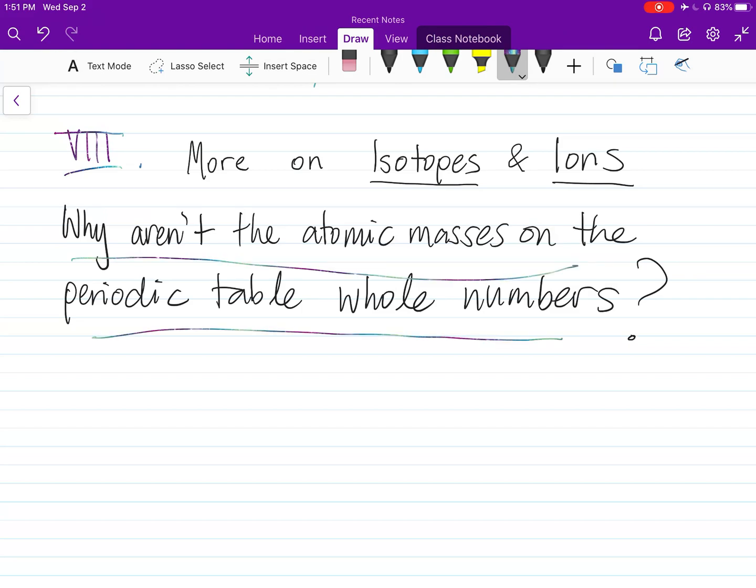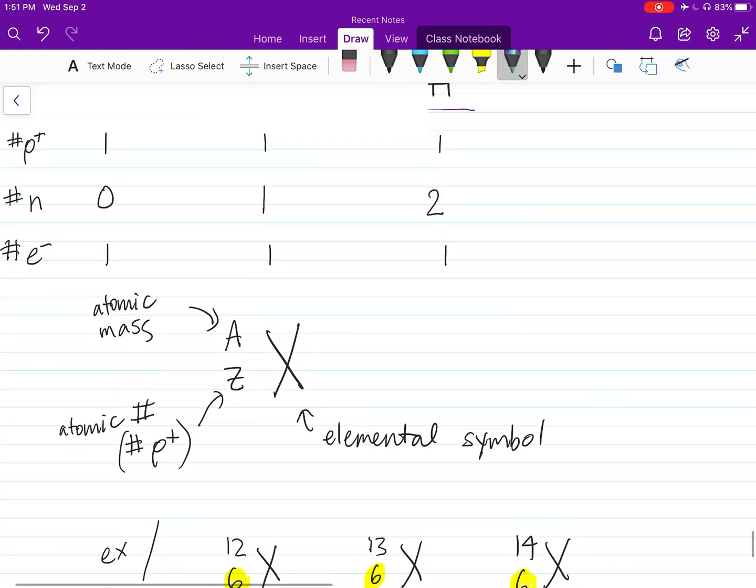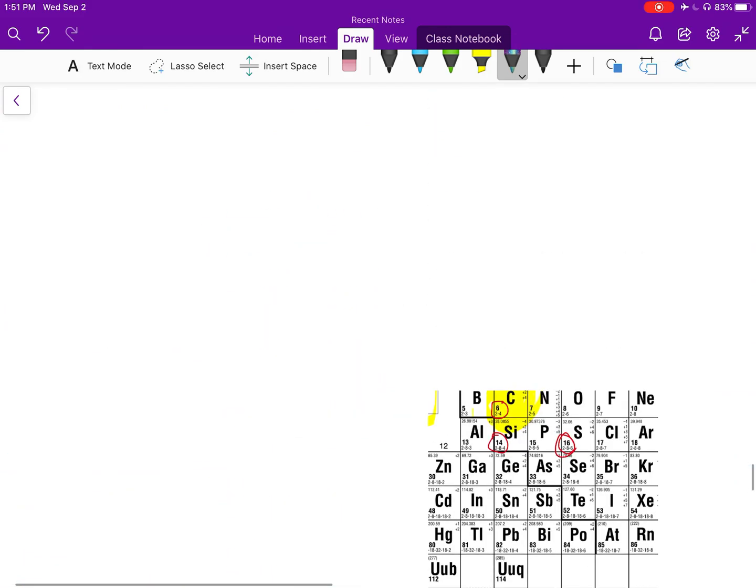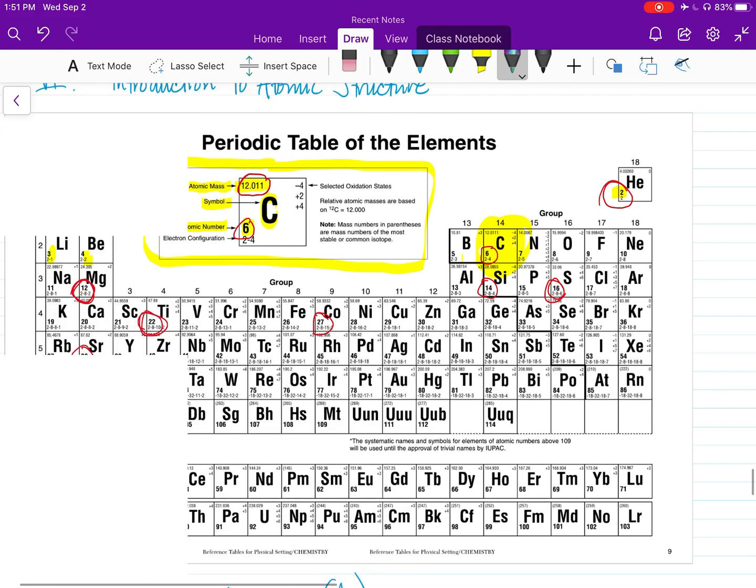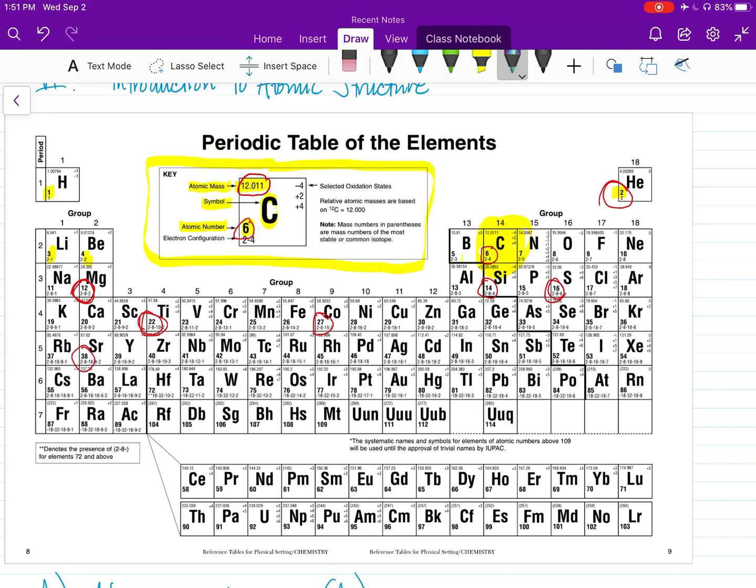Just to remind you guys, if I go back to the periodic table, which I introduced a few lectures ago, if you look at any of the top numbers here, they go out pretty far in number of decimal places. That's really a contrast from the atomic numbers, which are always whole numbers.